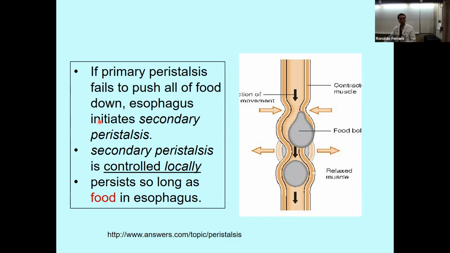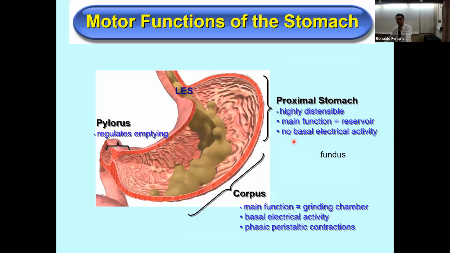And the reason secondary peristalsis is painful is that it persists for as long as there is food lodged in your esophagus. And of course, the way you get rid of this is to drink fluids, and hopefully that fluid is sufficient to push the stuck bolus of food down. So that's why you have secondary peristalsis.